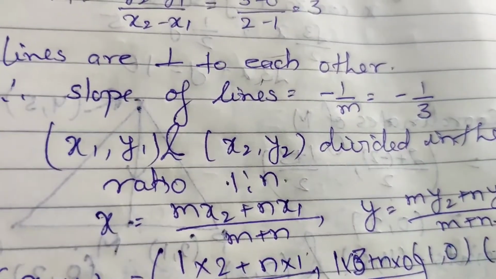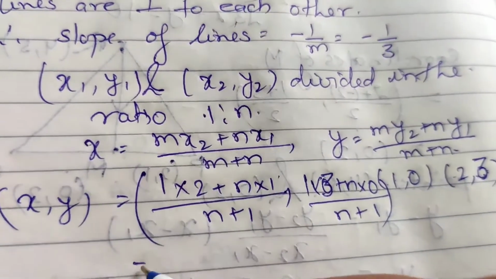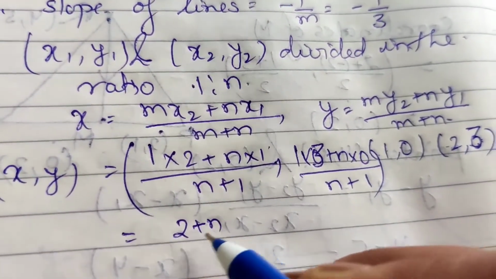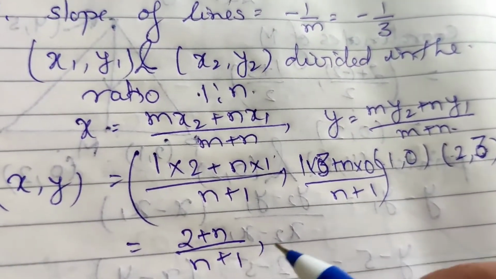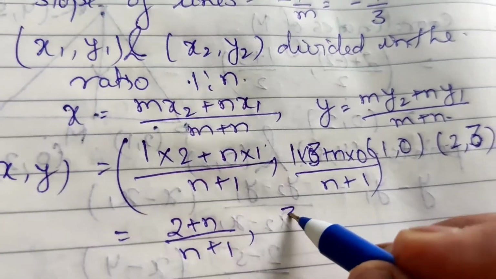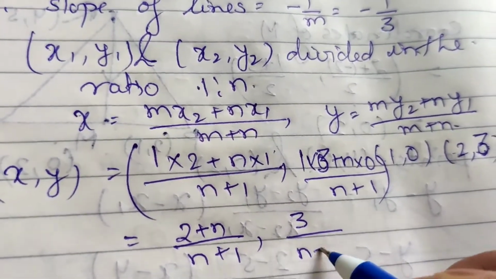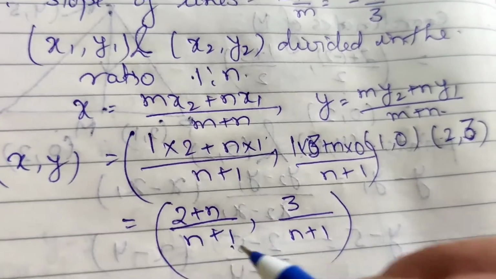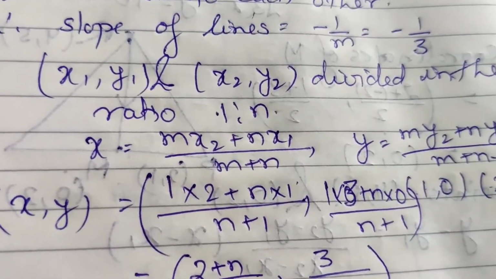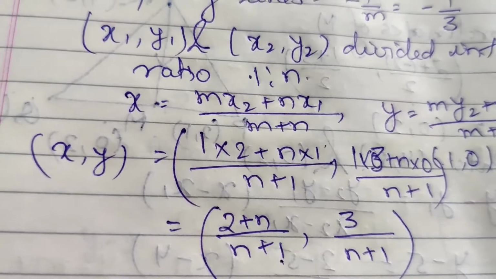So these points are (2 plus n) over (n plus 1), and the second coordinate is 3 by (n plus 1). These are the coordinates of the point dividing the line in the two parts.